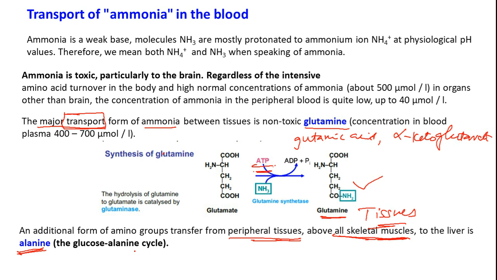Alanine concentration in blood plasma usually varies between 300 to 400 micromoles per liter. So both glutamine and alanine are two very effective transport mechanisms for shifting ammonia from peripheral tissues to the liver, where deamination and elimination of nitrogen from our body happens.